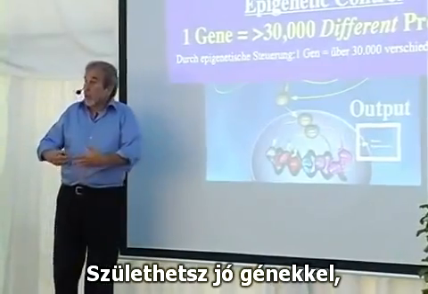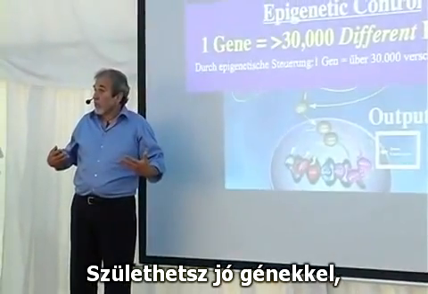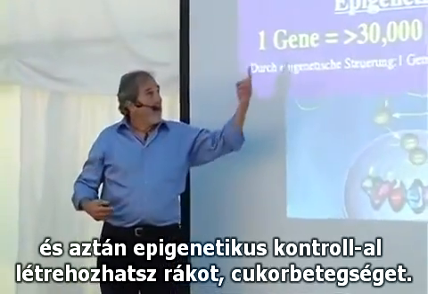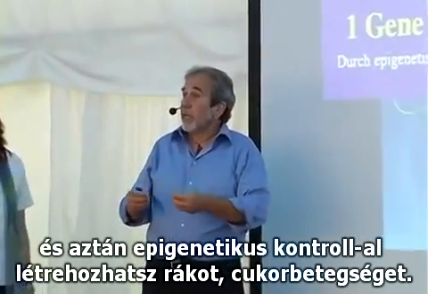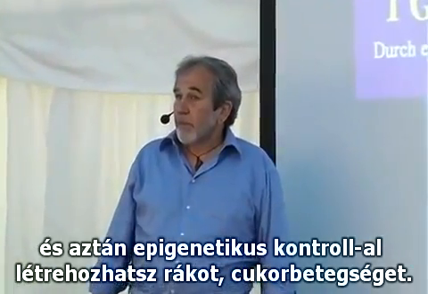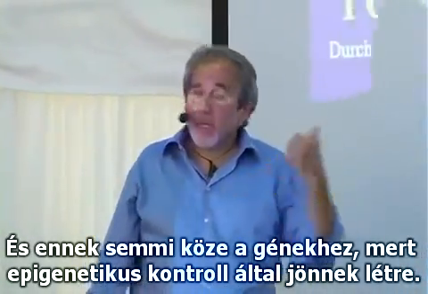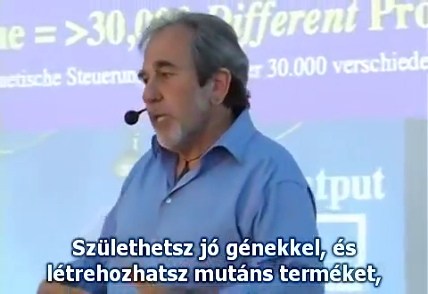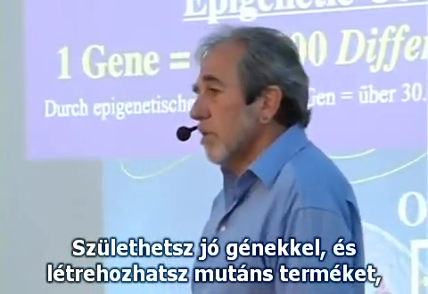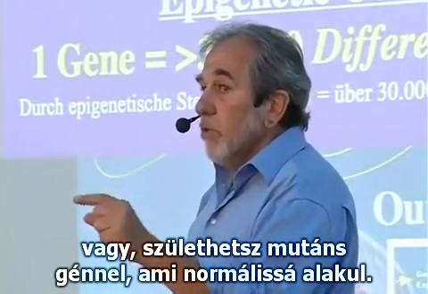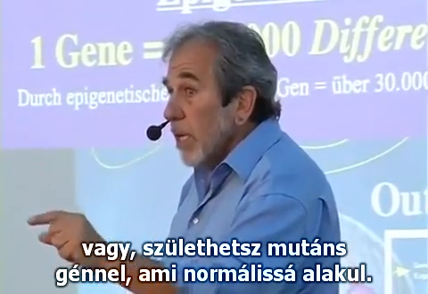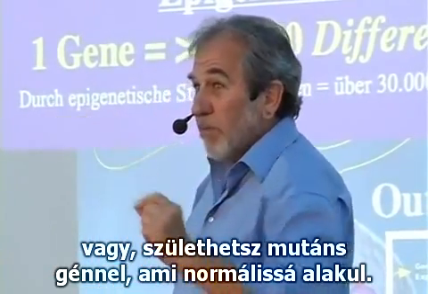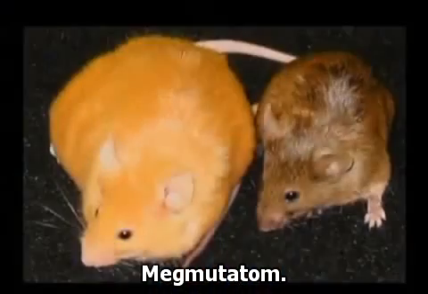So you can come with good genes, and then through epigenetic control create cancer or diabetes, and it has nothing to do with the genes, but with epigenetic control. So you can come with good genes and make mutant products, or you can come with a mutant gene and become normal. I'll show you.